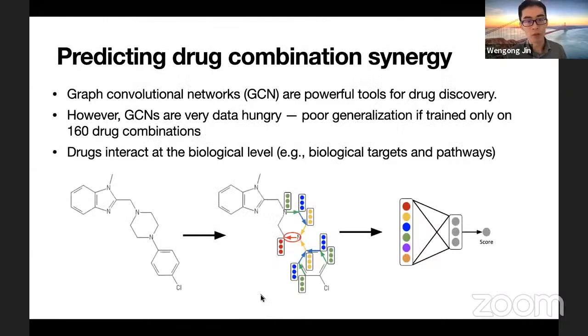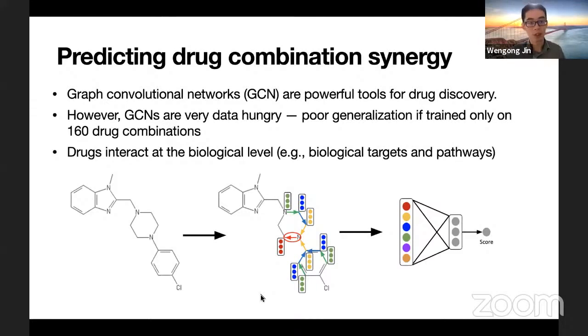Graph convolutional networks are powerful tools for drug discovery. Now they have become the de facto models for molecular property prediction. For example, if we want to predict the antiviral activity of compounds, you can just train these graph convolutional models to learn disease-specific fingerprints to predict the antiviral activity.